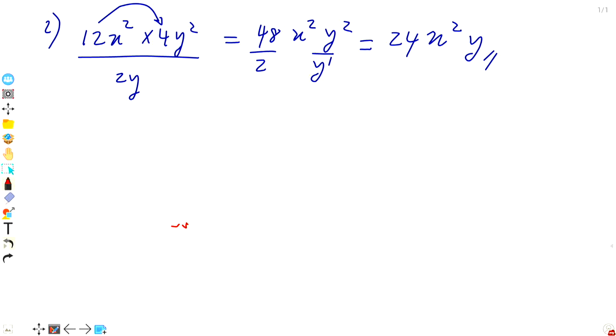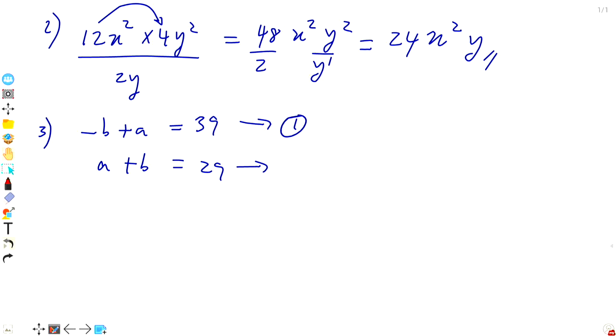Question number 3. It's minus b plus a is equal to 39, and then a plus b is equal to 29, right? So this is my first equation, and the second one is my second equation.